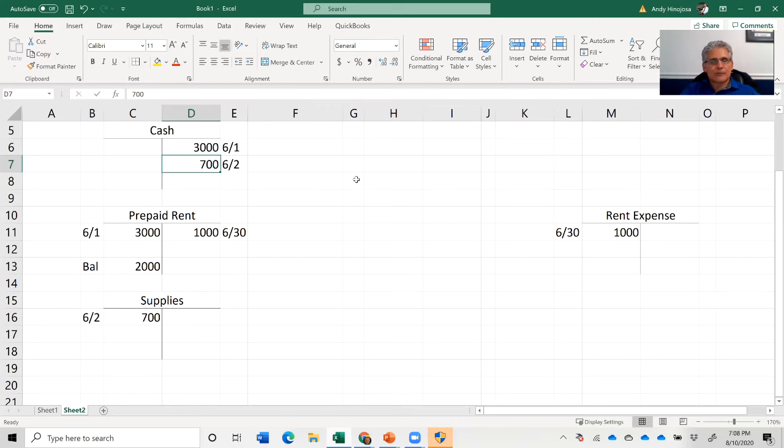Probably an invoice came through, the cash disbursements clerk went through, wrote the check out, got it signed, sent it out. It was done automatically. So we purchased $700 worth of supplies. In this example here, I'm suggesting to you that supplies were large enough so that we considered them to be an asset. We're going to use this $700 over some time. And so when we first buy it, we consider it to be an asset.